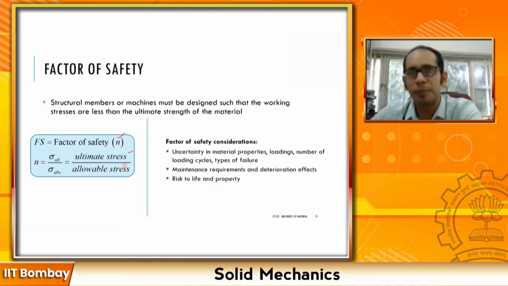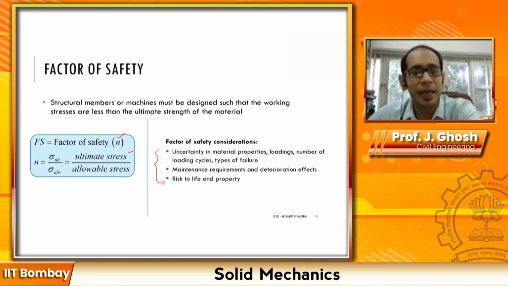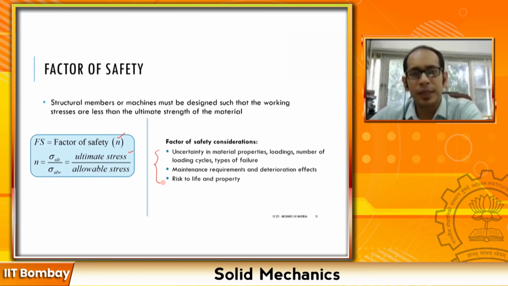Now, we need this not because we want to make uneconomic designs, but for several of these reasons listed over here, right? So suppose you are sometimes seeing very unprecedented loads which you have not designed your structure for, right? For example, once in a lifetime flood event occurs, or once in a lifetime a very strong earthquake occurs, which you have probably not designed your structure for.